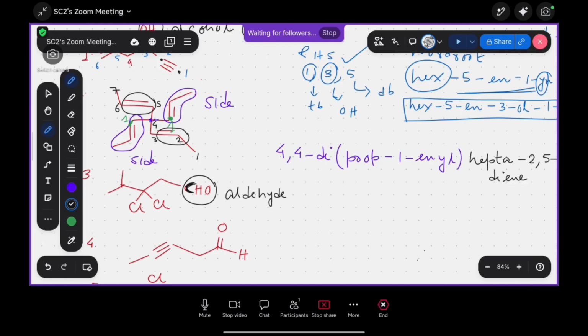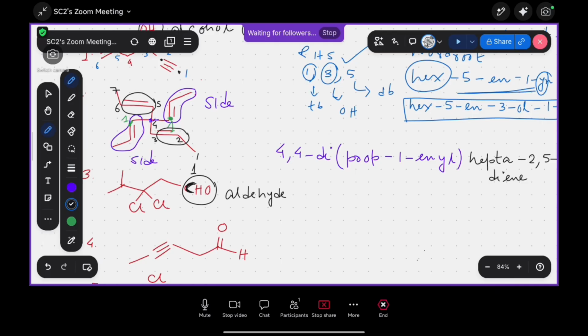So it will be a part of the parent chain and will be included in the word root. So how to number it? As already said, the carbon atom carrying the functional group will be given the lower locant. That means the aldehyde functional group will be called 1.